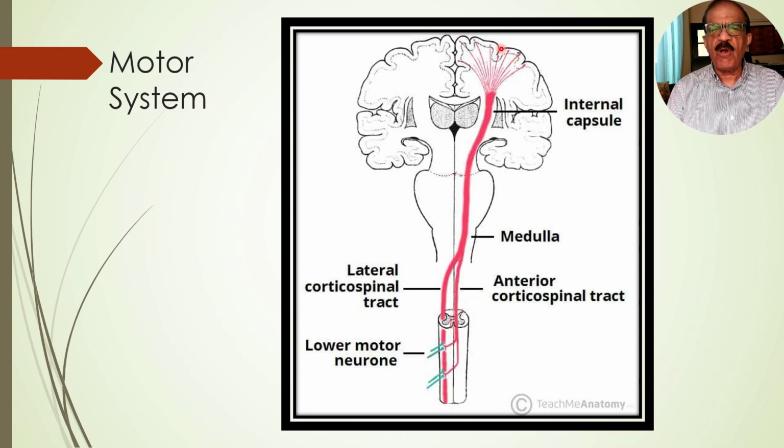If there is any problem from this part to this level, we call it upper motor neuron lesion, and it has got certain neurological signs which we'll discuss later. And if the problem is in the lower motor neuron or the fibers, then the nature of the abnormality will be different. That is called lower motor neuron lesion.